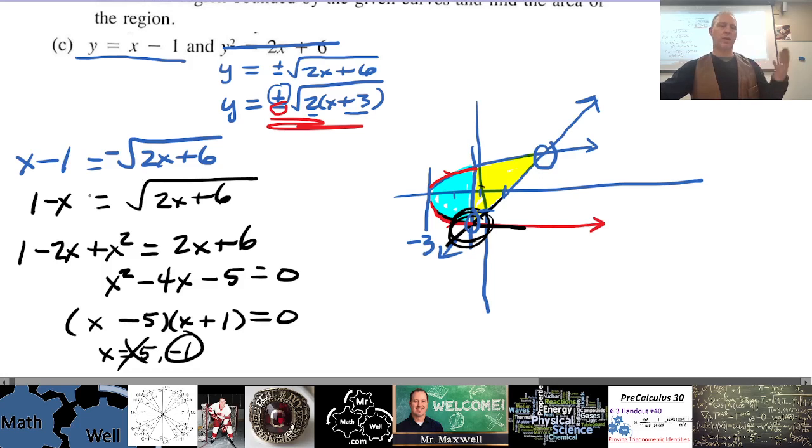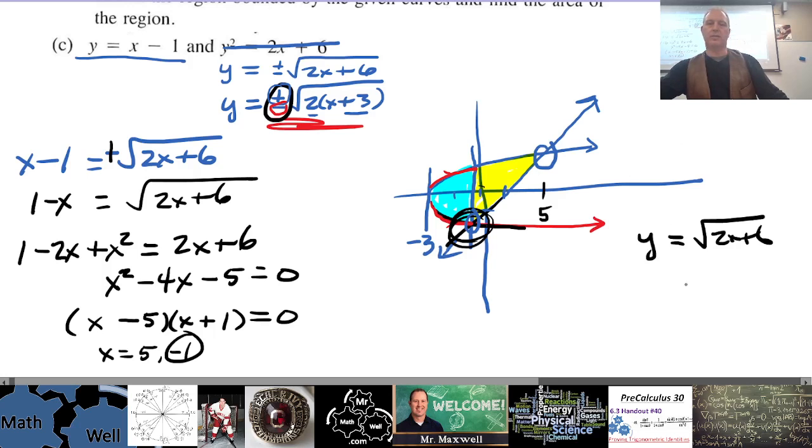When we square things, sometimes the math gets a little funny. That's why we have to double check. Okay, so as I just mentioned here, if you try the second one, y equals positive root 2x plus 6, and then let that equal x minus 1, and you squared that, you would get the exact same thing, actually, because 5 is the other intersection point here.